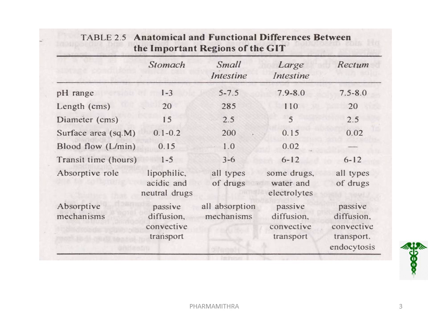As for the absorption role, in the stomach acidic, lipophilic and neutral drugs are preferred, while in the small intestine all types of drugs are absorbed, in the large intestine some drugs, water and electrolytes are absorbed, and in the rectum all types of drugs are absorbed. The mechanism, as we already discussed in the first portion, is passive diffusion in most regions, or carrier-mediated transport, and in the rectum endocytosis is also carried out.